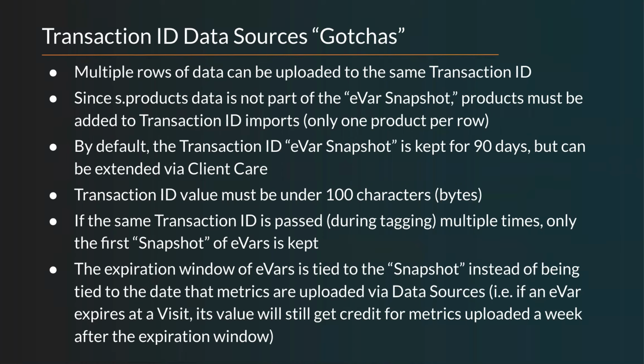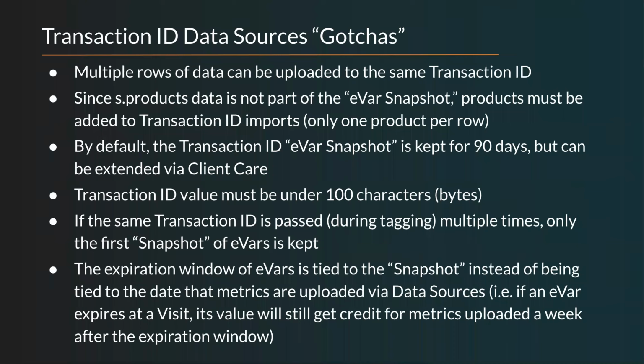So for example, if an eVar is set in that visit, and then the transaction ID is set in that visit while the eVar is still present and it hasn't expired, even if you upload the metric and tie it to a date that's like a week later, it will still be associated with that eVar because it's using the expiration of the data snapshot. So even though it's a week later and it wouldn't make sense, it's kind of going back in time and saying, well, at the time of the transaction ID, the eVar was valid. So I'm going to associate it with that eVar value.